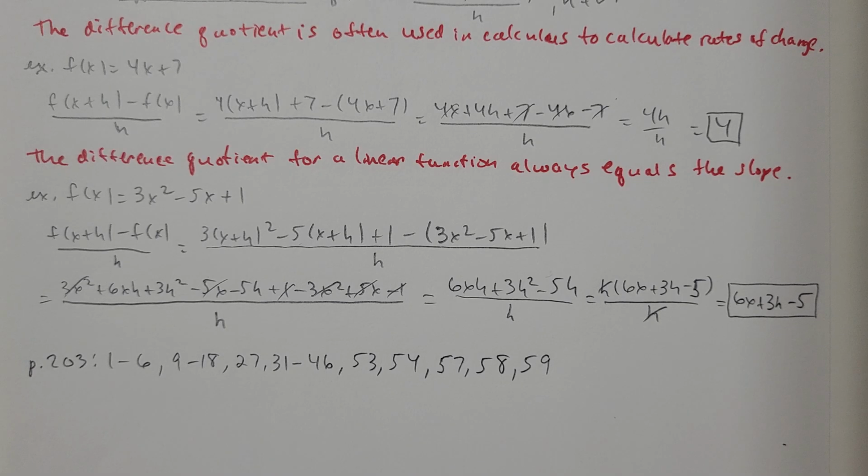Okay, now the difference quotient is a way to describe to someone how to get from one point to the next on a curve. So like if I were at x equals 1 and I wanted to know how to get to x equals 3, h would be 2 units away from 1. So x is 1 and h is 2.